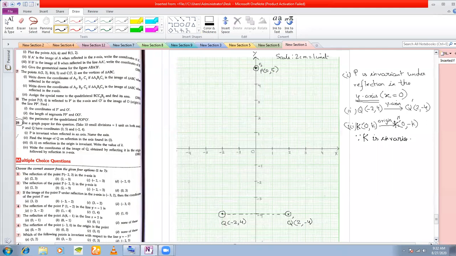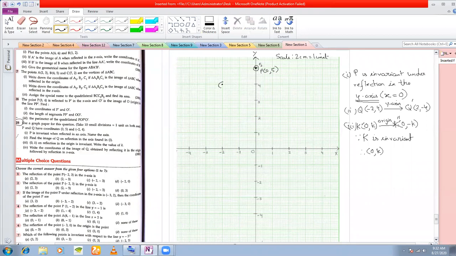Excuse me, sir. Yes. Sir, the coordinates of Q are given as -2, 4, but we have plotted it as -2, -4. Oh, the coordinates of Q are -2, 4. Okay, that's my mistake. Let us do it again. -2, 4.